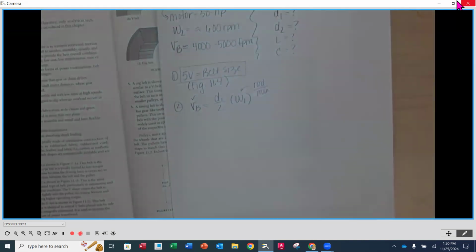Go ahead and rearrange this equation to solve for D1, okay? Do the algebra real quick, and then we'll compare in just a second. So solve for D1, the unknown variable in this equation.